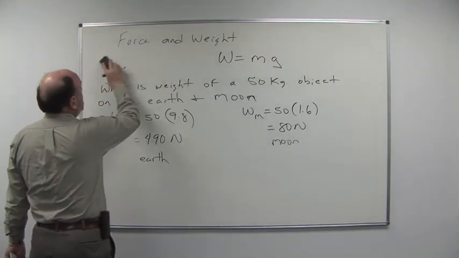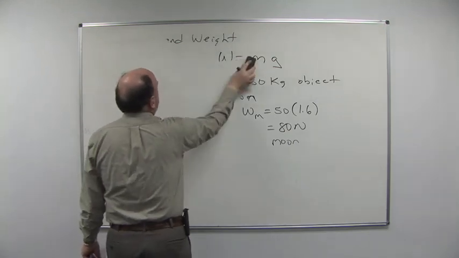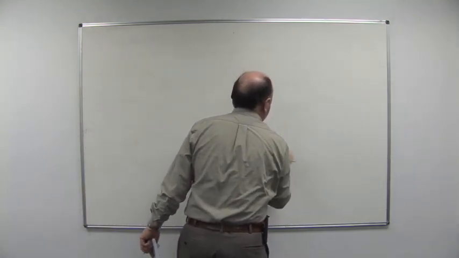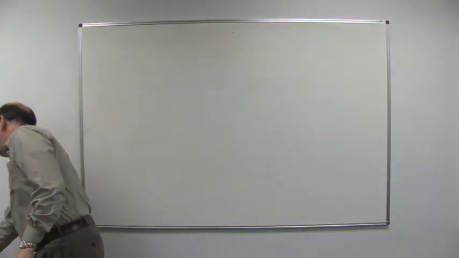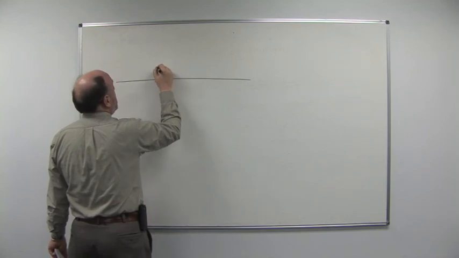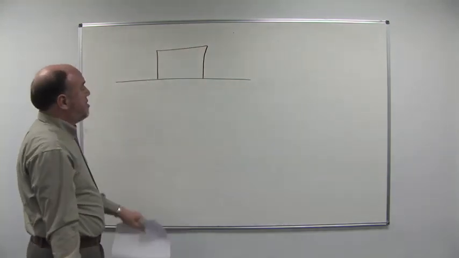Let's say now we have a crate on the floor, and we want to look at what forces are acting on my object. So we have a box on the floor, which has some mass.